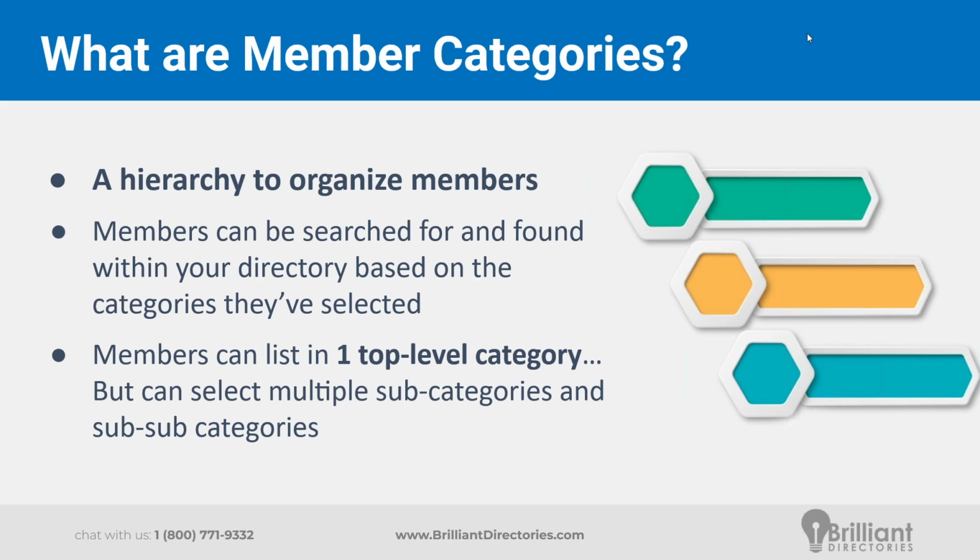Members can only be listed in one top level category, as Jason mentioned, but they can select multiple subcategories. We'll be talking about this last point primarily here in this presentation: why it's set up this way, how to get around it, when you might encounter this sort of scenario, everything like that.